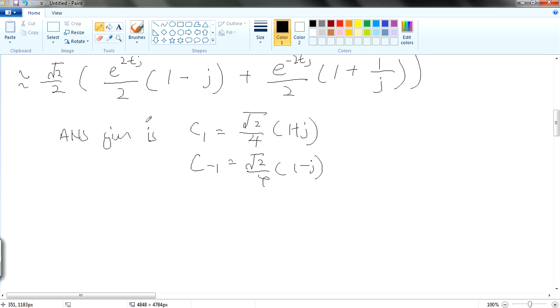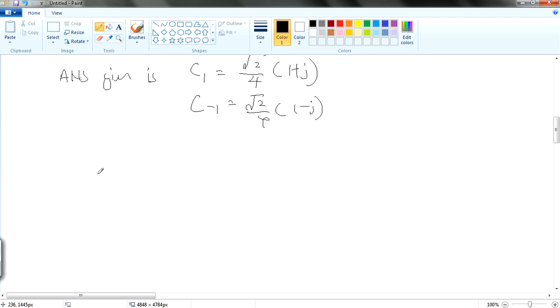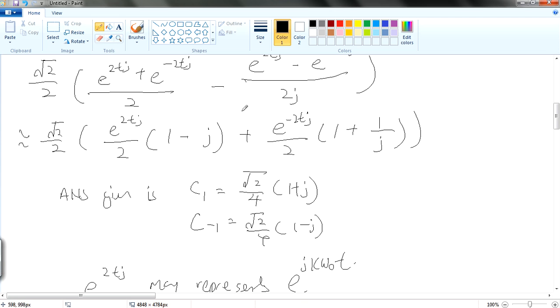So my concern here is actually what is the e^(2tj)? It may represent e^(jk omega t), right? And because we don't know what omega is, we just leave it there because we want to solve for k. Until here, we want to set it in terms of C1 and C minus 1.